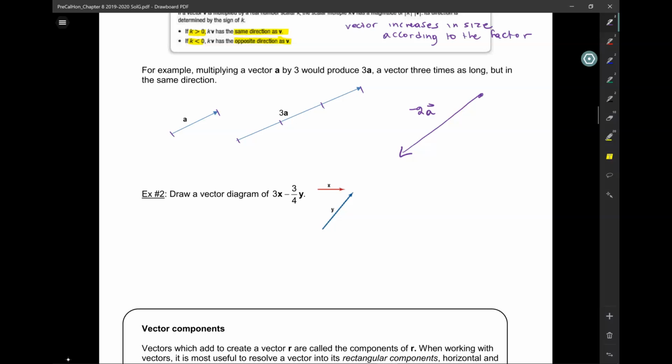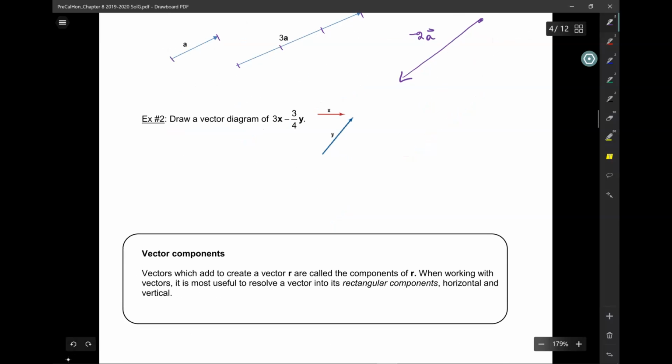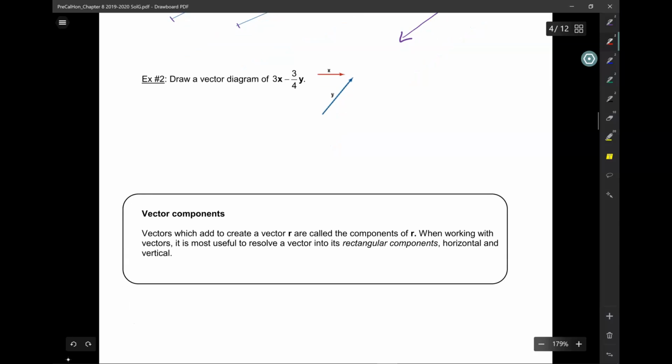All right. So here it says I have x and I have y. I need to draw a schematic that shows 3 times x minus 3/4 of y. So 3 times x is just that x vector, but 3 times as big. So we're going to make it 3 times as big.